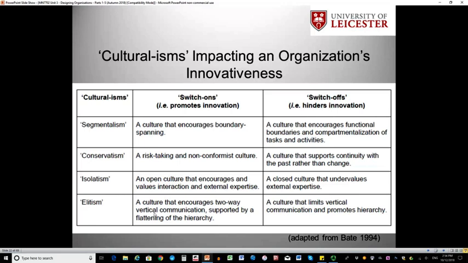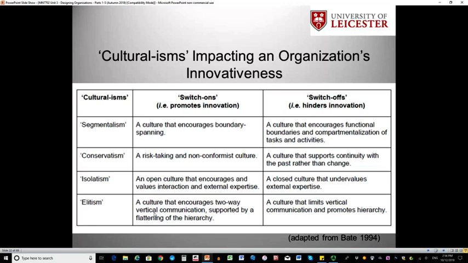And what he found is organisations that encourage two-way communication from the bottom to the top as well as top to the bottom, and are supported by a flatter hierarchy, which is evident, for example, in the organic mode, are more likely to switch on innovation and promote innovation.